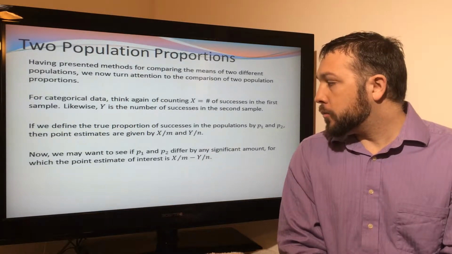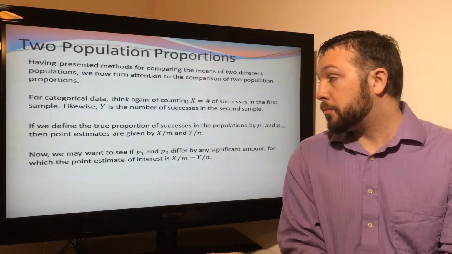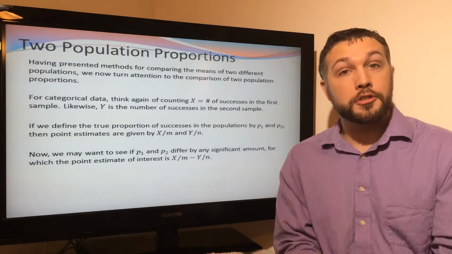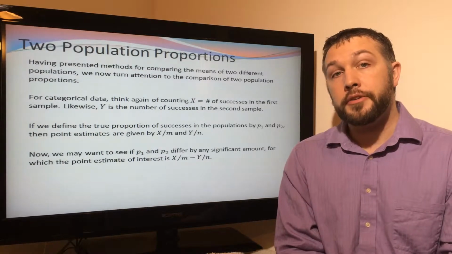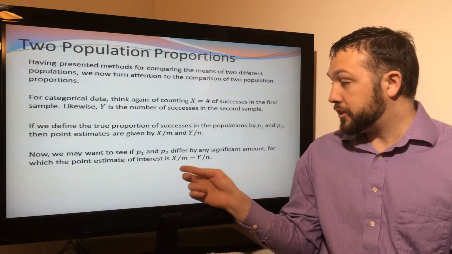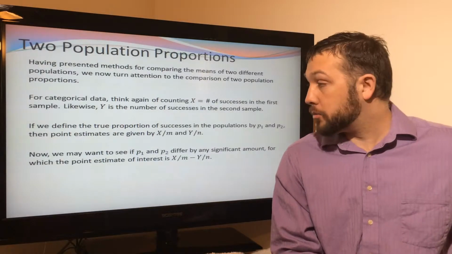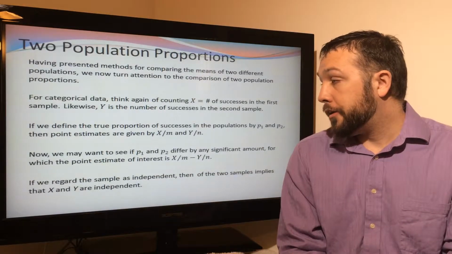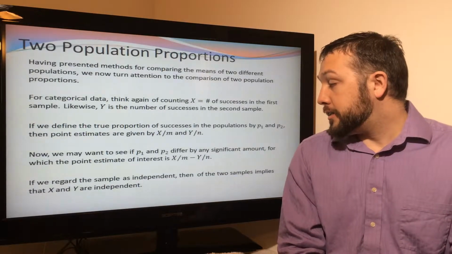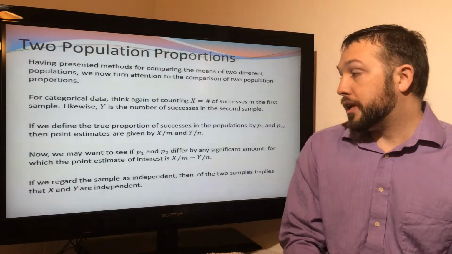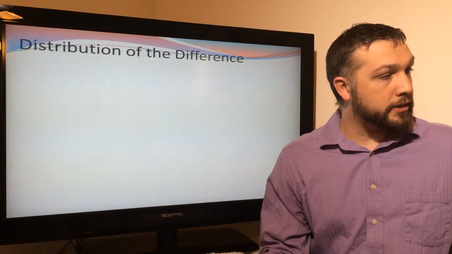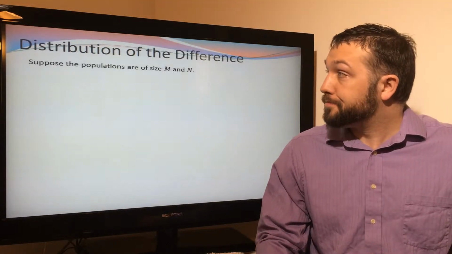And once we have both of those, they're approximating the true proportions, which we'll call P1 and P2. And the difference of P1 and P2 is estimated using our data as x over m minus y over n. All right. And if we regard the samples as independent, then x and y are both independent.